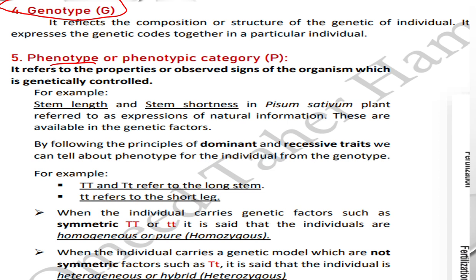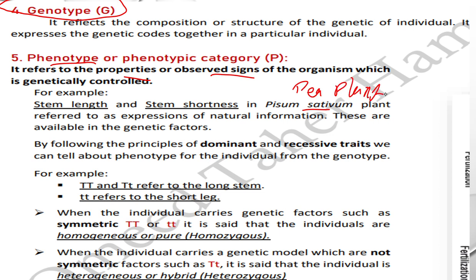According to the genotype, we decide about phenotype. So phenotype refers to the properties or observed signs on the organism which are genetically controlled. For example, stem length and stem shortness in Pisum sativum, the pea plant.